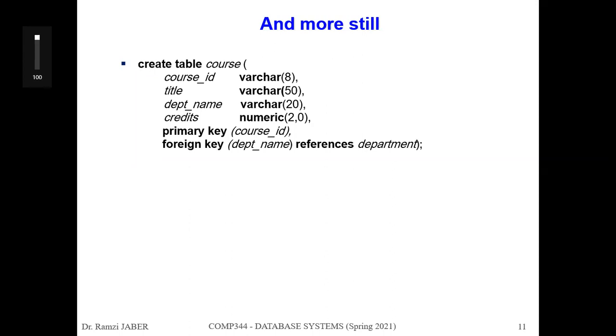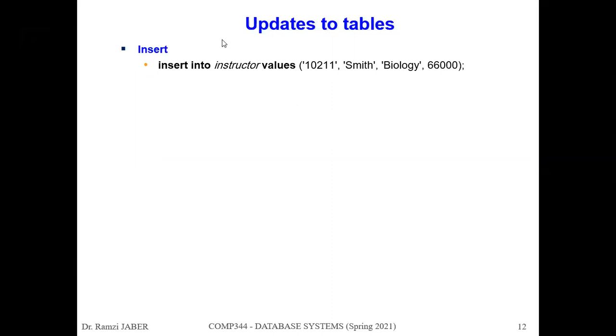Okay, now we want to update our table, our data. How do we update our data? By the insert command, we can insert a row inside any table like this. Insert into the table name, values, between parentheses, and we put the field values, semicolon.